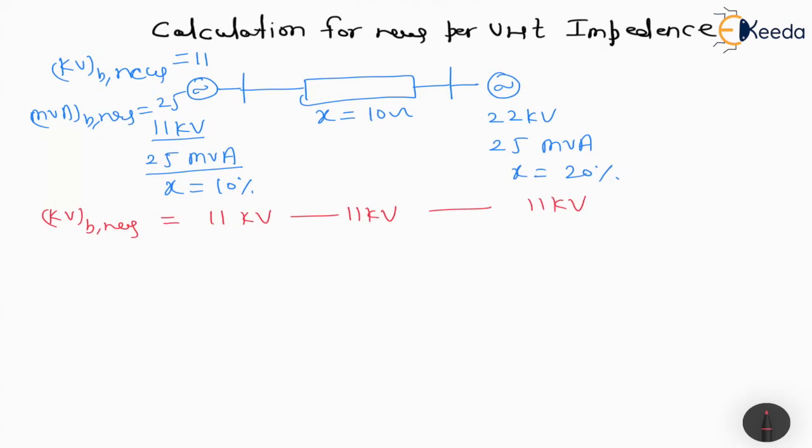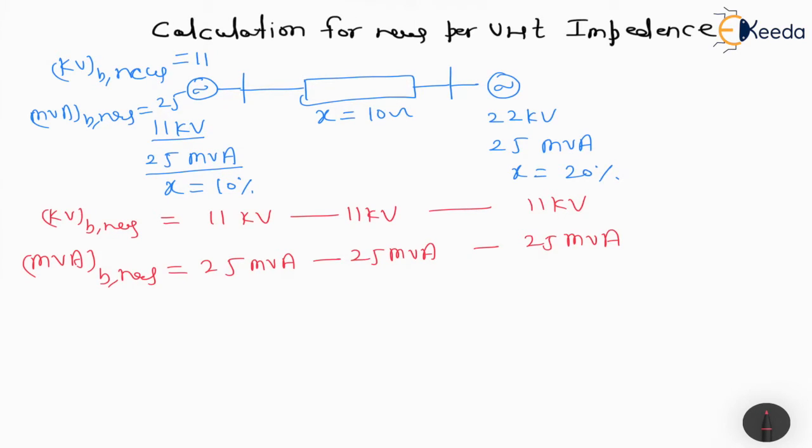When there is no transformer, whatever voltage we have chosen as the base voltage at one point will be the same for the entire circuit. Now MVAB new will be equal to 25 MVA, as given in the question. When a transformer is present, there are a few rules, and we will discuss that point when we study the transformer in the circuit.